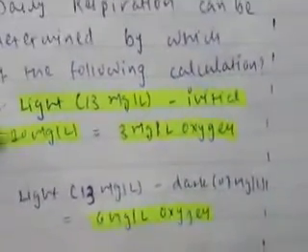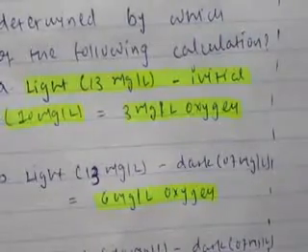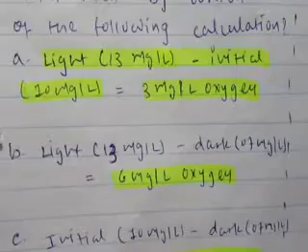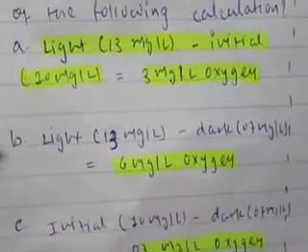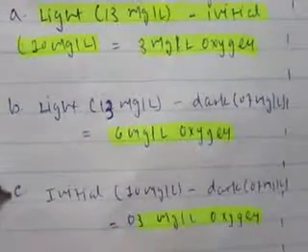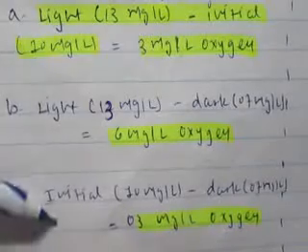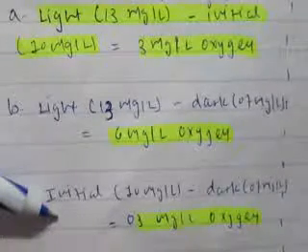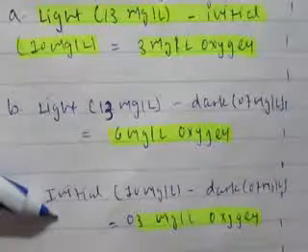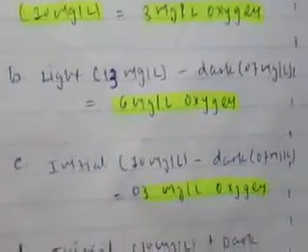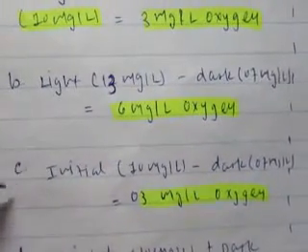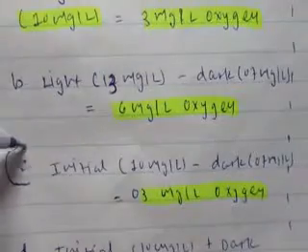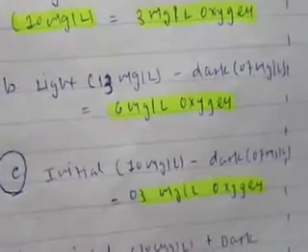So among the options, option C matches our concept: initial 10 milligram per liter minus dark 7 milligram per liter is equal to 3 milligram per liter oxygen concentration. So option C is the right answer.